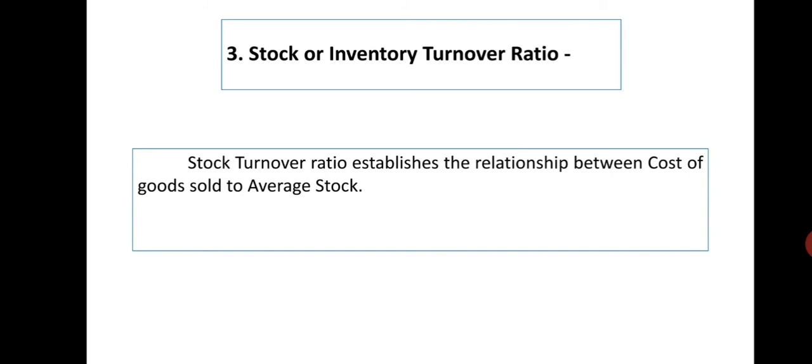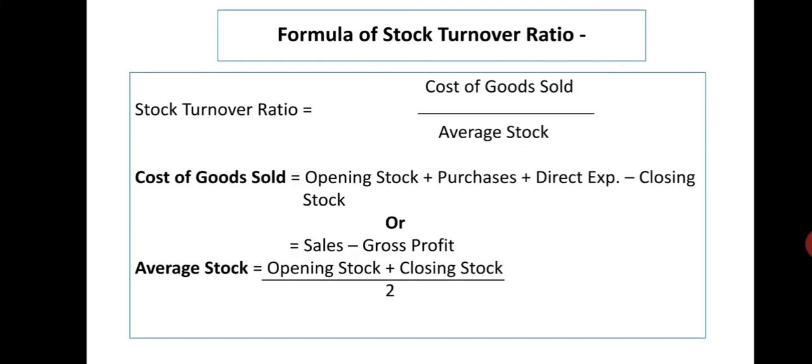Third one, and this is very important, is stock turnover ratio, also called inventory turnover ratio. This ratio indicates the relationship between cost of goods sold to average stock. Now, formula of stock turnover ratio: stock turnover ratio is equal to cost of goods sold divided by average stock.